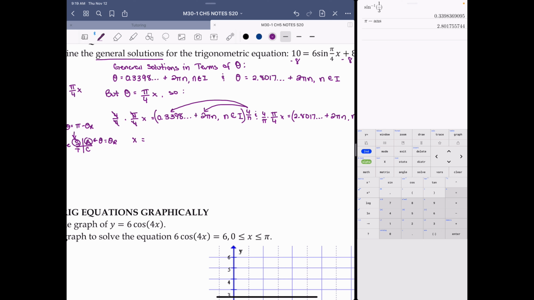So in my calculator, I want to take our first solution, 0.3398. I'm going to calculate that again. So second sine, fraction 1 over 3.